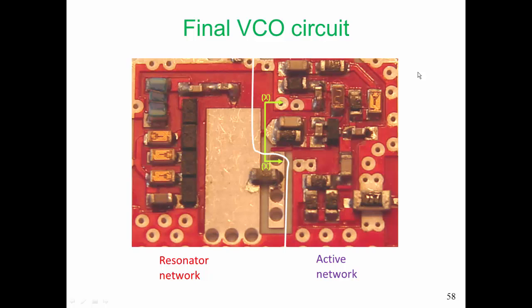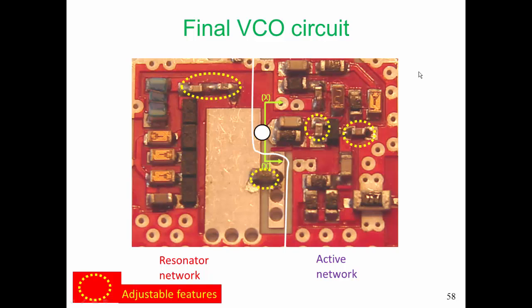The resonator network is on the left, the active network is on the right, and here are our adjustable features, the same features that we had before. Now we can see how we vary the length of the transmission line. We have a 0 ohm resistor here, a shorting bar if you like, that we can move up and down in this direction to fine-tune the resonant frequency of our resonator network.